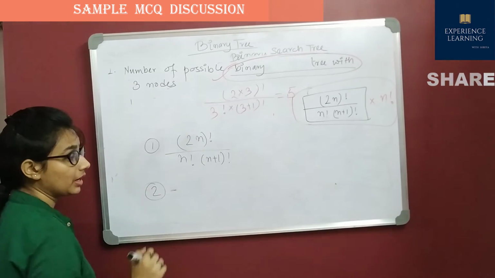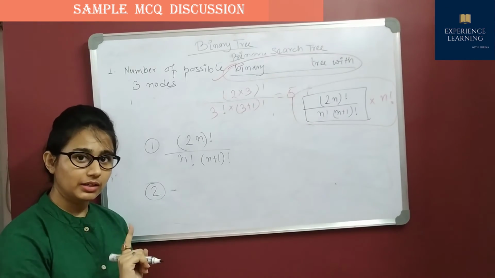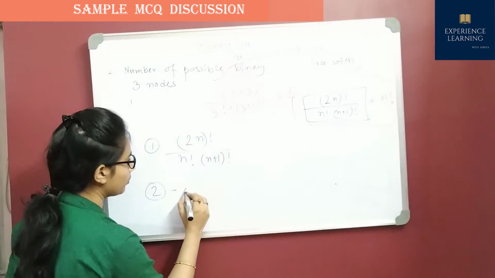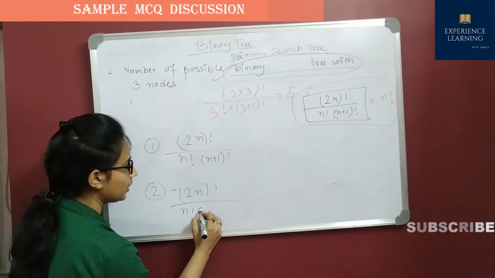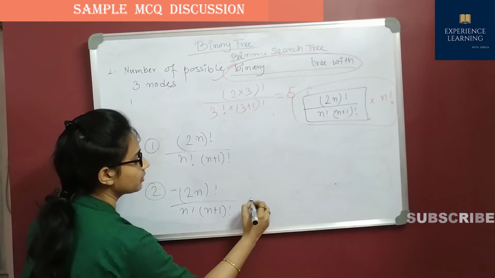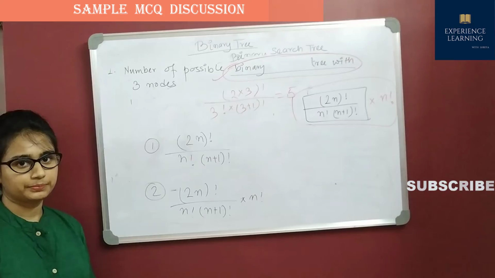If it is binary tree but this one is leveled, the formula will be the same but multiplied by n factorial.